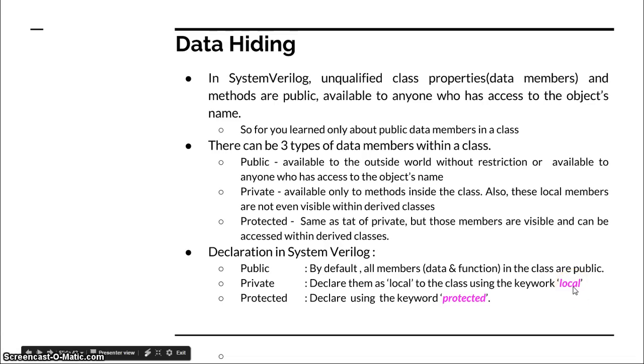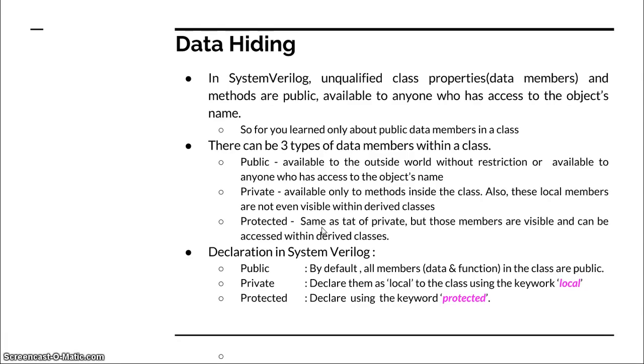If you add the keyword local while declaring a data member, it will behave like a private data member. And to make a data member protected, you have to use the keyword protected while defining it, like protected int data member. So this is the concept of data hiding in object-oriented programming, which is very important in software programming, in any software language like C++ or Java.